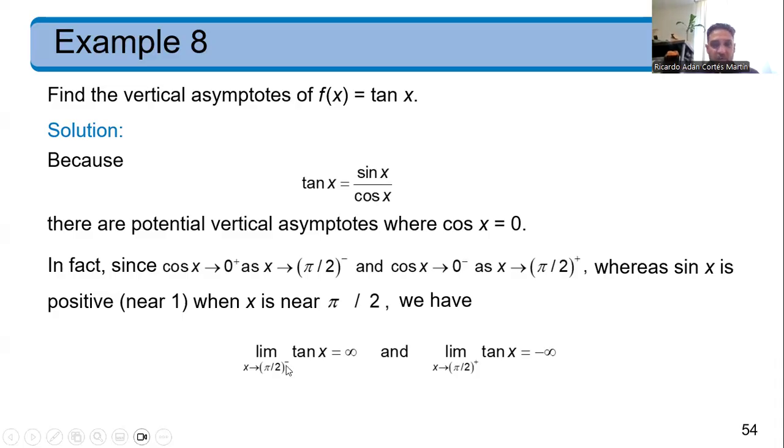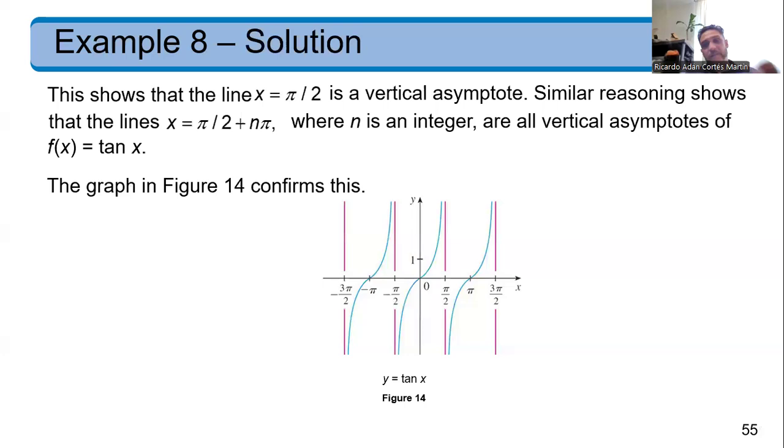So if we come from the left, we have a positive infinite, but if we come from the right, it's going to have a negative infinite, okay? And this happens over here, at pi over 2.